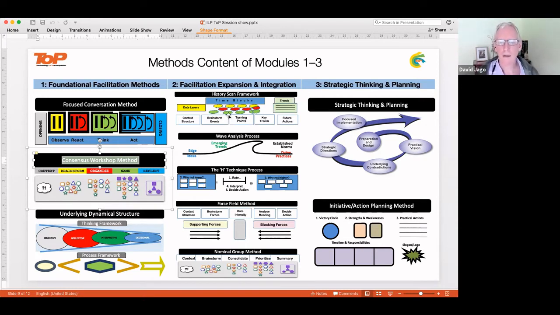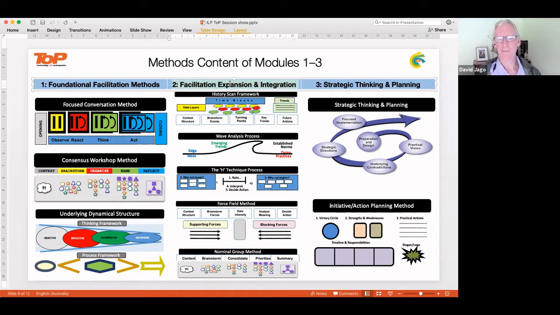In the middle we just have the basic set of structures or frameworks that we use. So as you can see there, one is around, for us as an organisation or a community, what's our history? Where have we been?